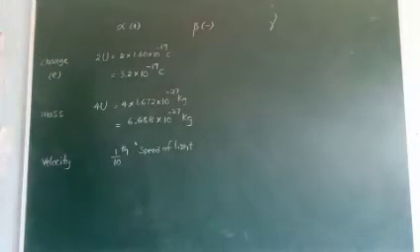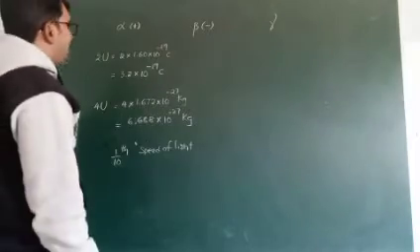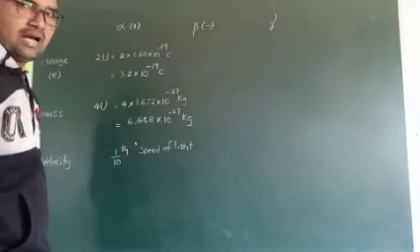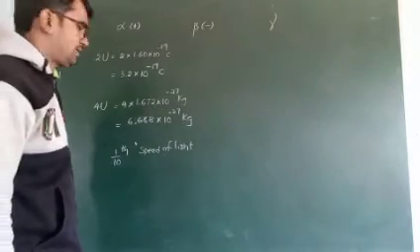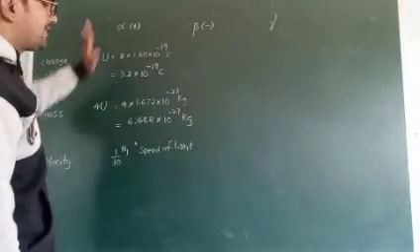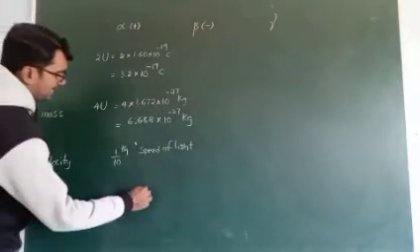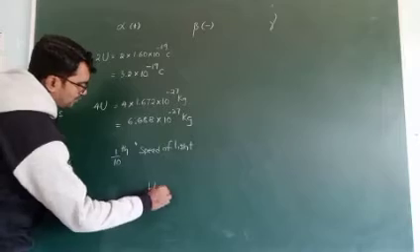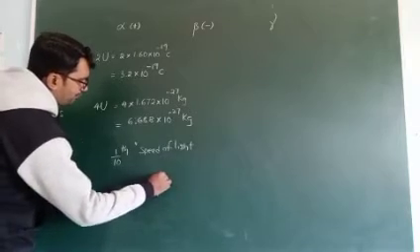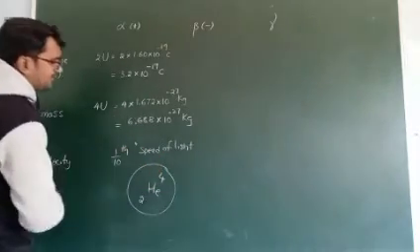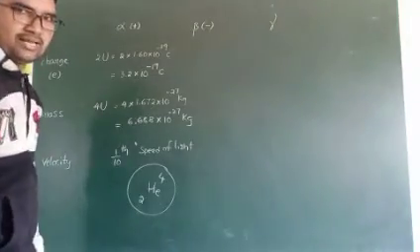Next one, beta. Actually, beta particles are nothing but electrons, and alpha particles are nothing but helium nucleus, He 2 4.